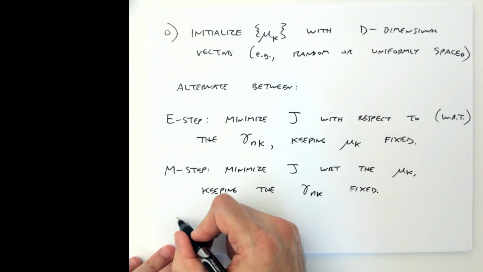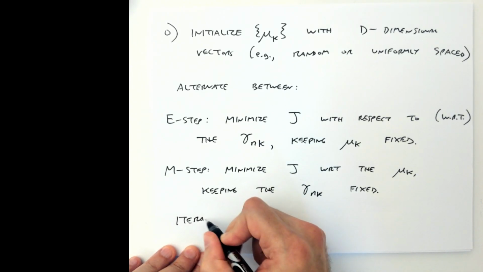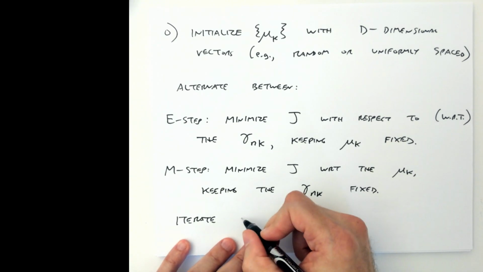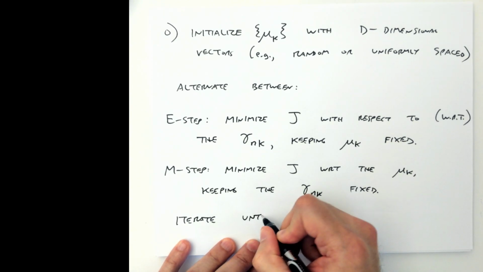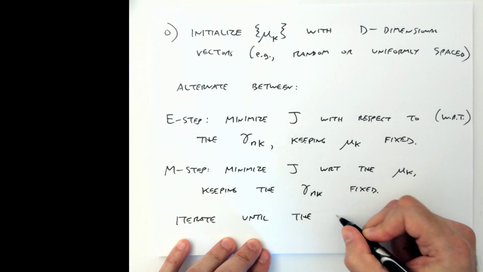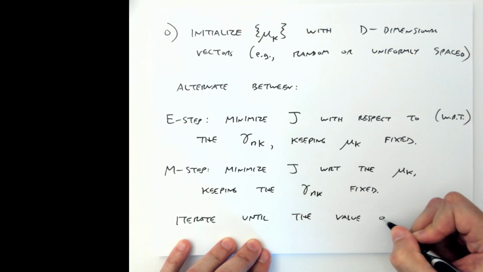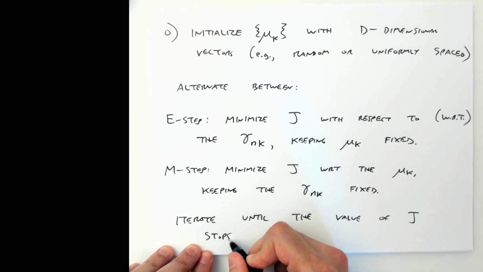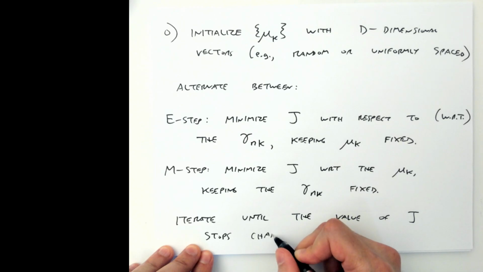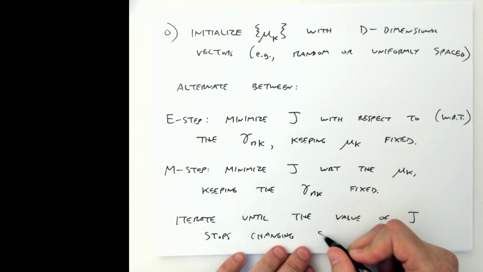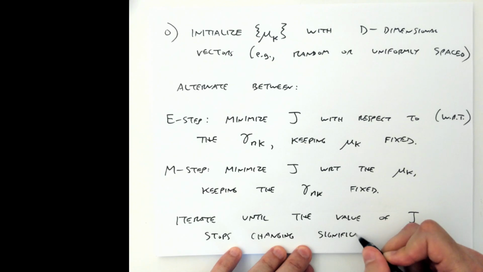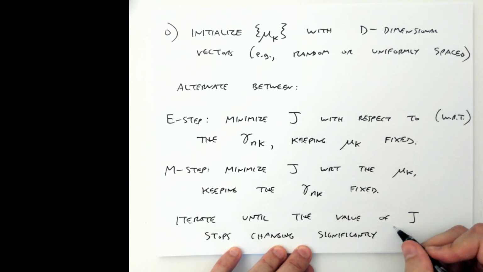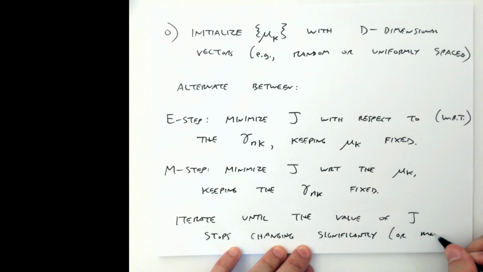And then I iterate until the value of J stops changing significantly, or you exceed some maximum number of iterations.